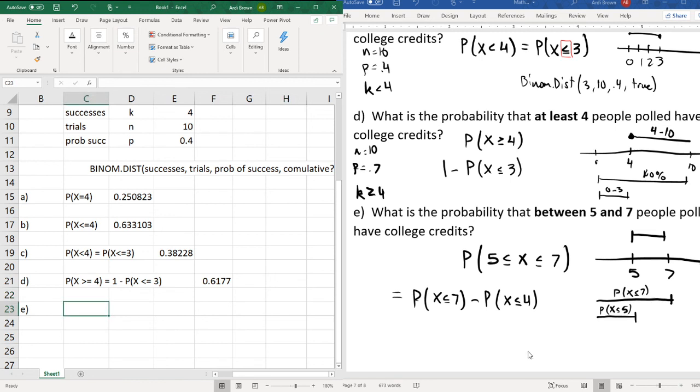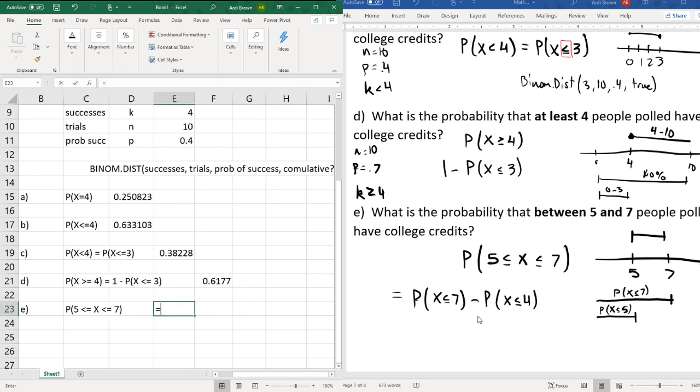Finally, for E, we can do a pretty similar thing here. If I want to know what is the probability that we see a 5, a 6, or a 7, and in fact, I'm going to do this one 2 different ways just to emphasize how we're thinking about this. 5 is less than or equal to x is less than or equal to 7. There's 2 ways I can think about this. I'm going to just go ahead and hit enter here.